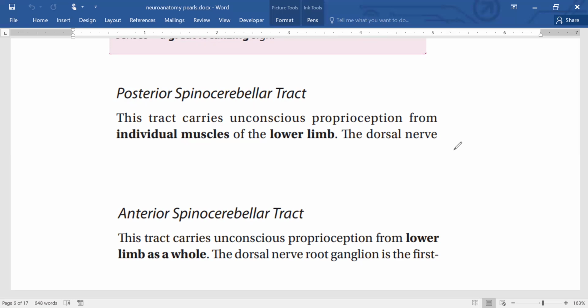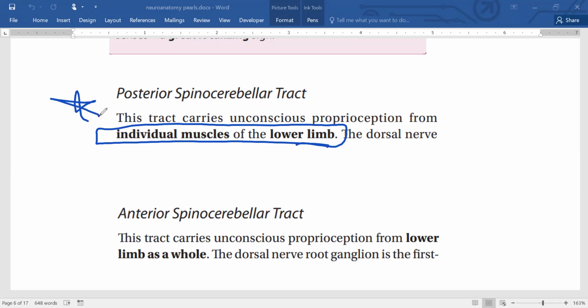The posterior spinocerebellar tract carries unconscious proprioception from individual muscles of the lower limb. So again, this is an MCQ which is asked, that the posterior spinocerebellar tract carries the proprioception from individual muscles of the lower limb, while the anterior spinocerebellar tract carries the unconscious proprioception from the lower limb as a whole.